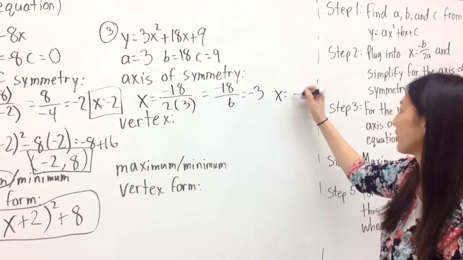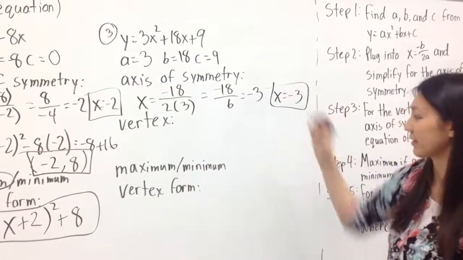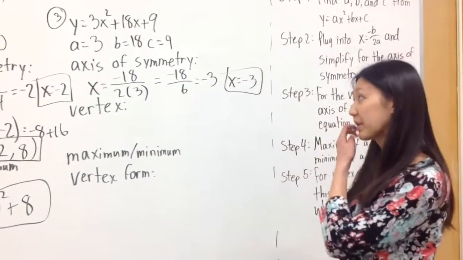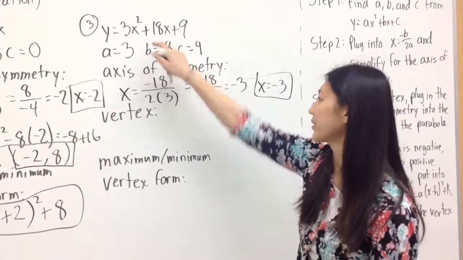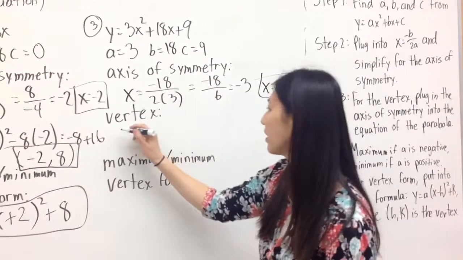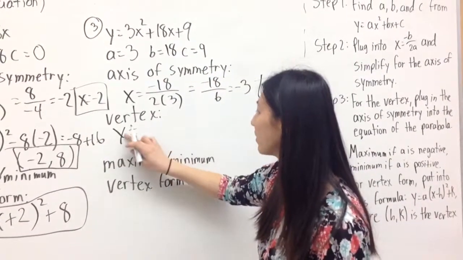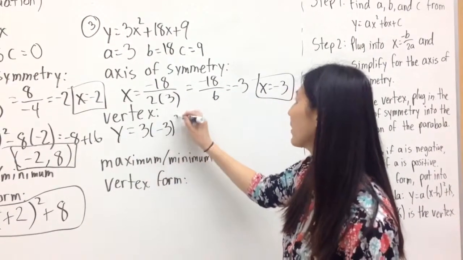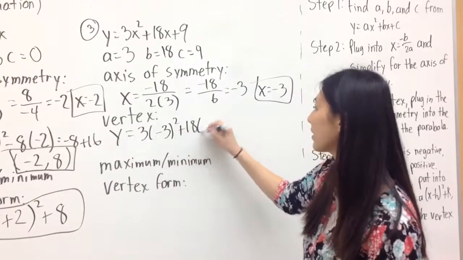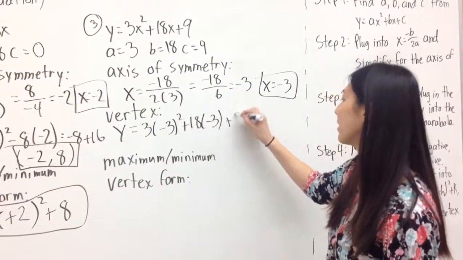So x equals negative 3 is my axis of symmetry. Now I'm going to look at my vertex, so I'm plugging this negative 3 into my equation right here. So it's going to look like y equals 3 and then negative 3 squared plus 18 times negative 3 plus 9.